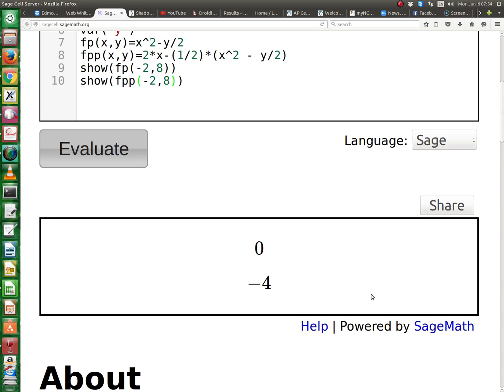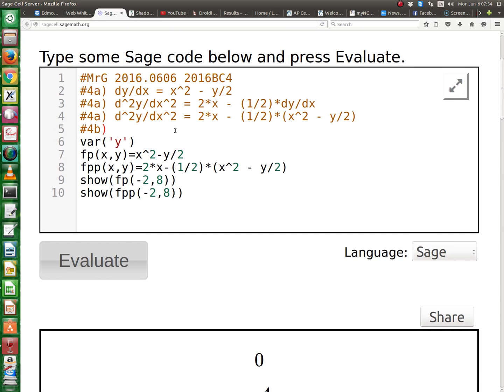Well, since there's a horizontal tangent there, f prime is 0, and the second derivative is negative, concave down, it's got to be a max there, yes? Okay, so let's write the answer.